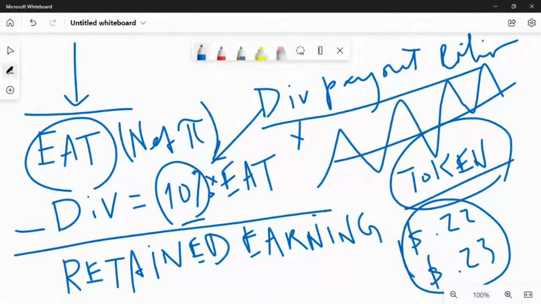If you have 1,000,000 shares of Apple and Apple pays $1 annually, that's $1 million. Isn't that right?